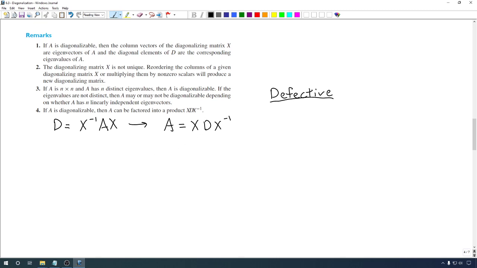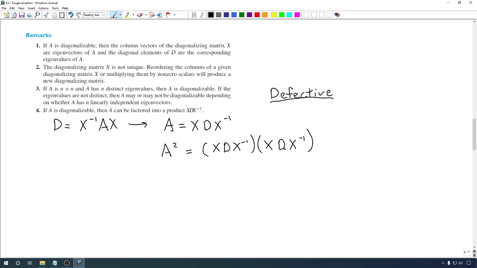For instance, what is A squared? Well, this is just A times A, but A is equal to this. So we just multiply that by itself. Of course, here the X inverse and the X can cancel each other out, by turning into the identity matrix.